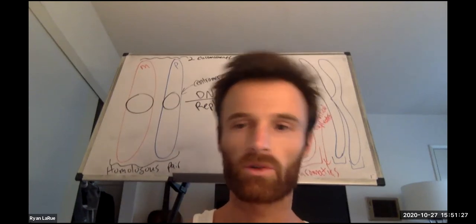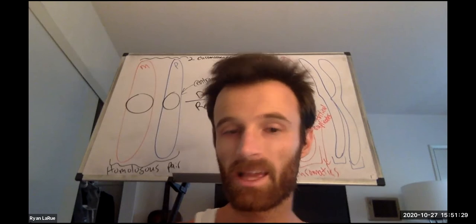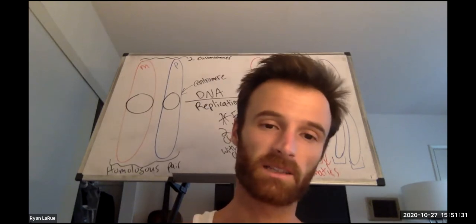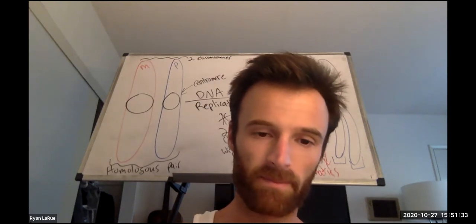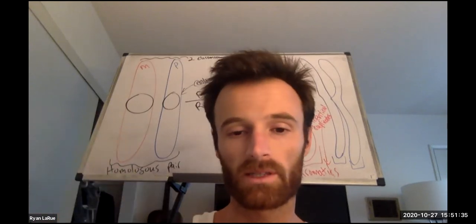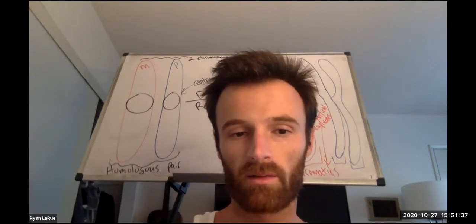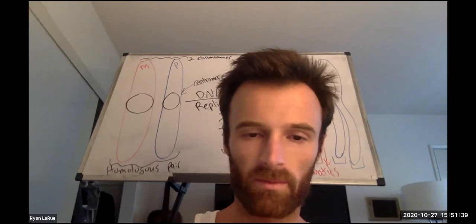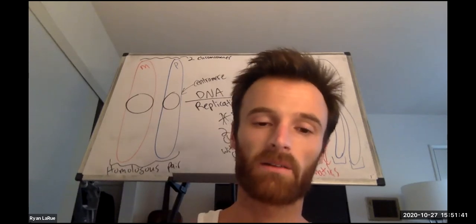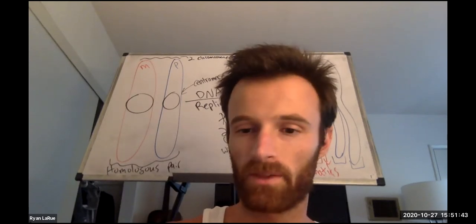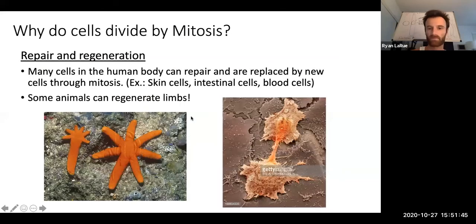Of course, if it's too deep and you can't get enough cells, you get collagen, you get a scar. But wound repair is a very important process where mitosis is involved. So repair and regeneration.